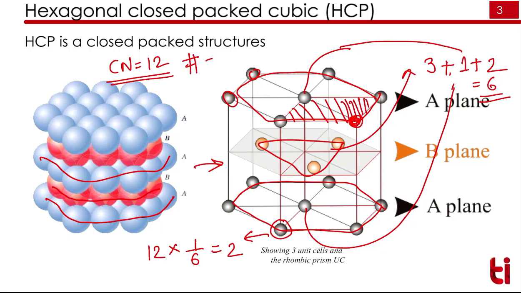Total number of atoms is equal to 6, and the relation between a and R is given by a equal to 2R. This is because the atoms are touching together, and that's why if you take the radius of 2 atoms, that will give you the unit length.